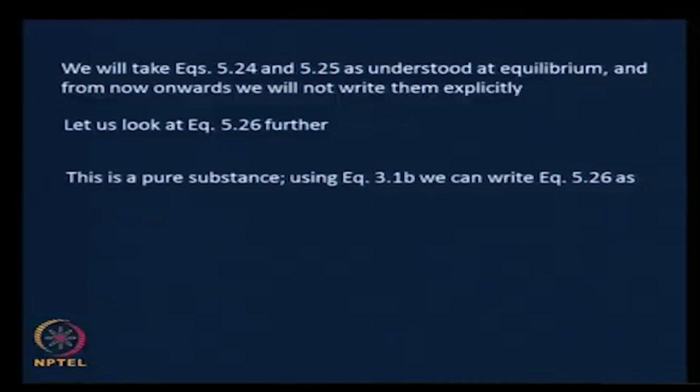Therefore, we can use equation 3.1b, which is the expression for the chemical potential, and expand that as mu equals mu naught plus RT ln f of the pure substance in the vapor phase, which must equal mu naught plus RT ln f, the fugacity of the pure substance in the liquid phase. Recall this from module 3, mu equals mu naught plus RT ln f, that is what we have written here. This is for a pure substance.